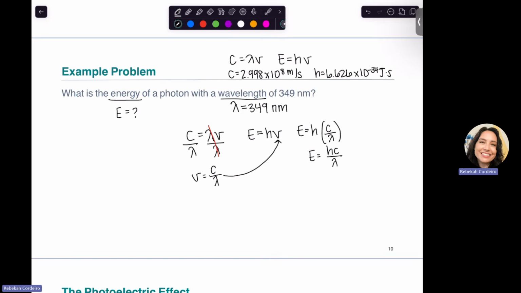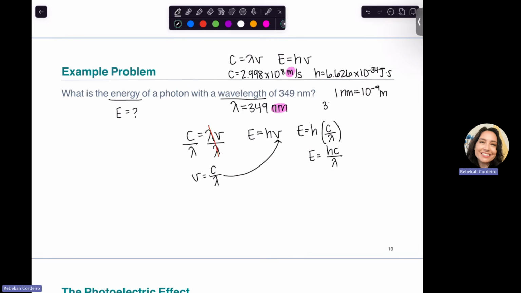Wrong. You have to check your units. Look at the units for c, meters per second. Nanometers is the wavelength I'm given, so we have to turn this into meters. So nano is equal to 10 to the negative 9. That's what's on your flashcards. We can add meter to both sides and then put a 1 in front.